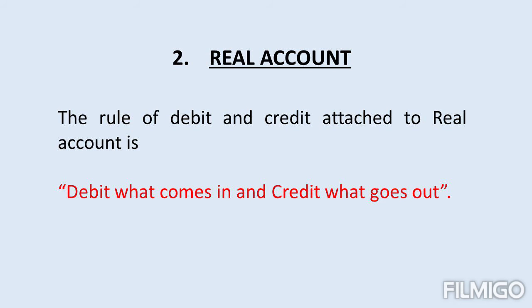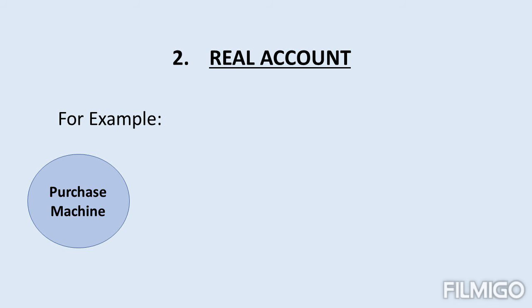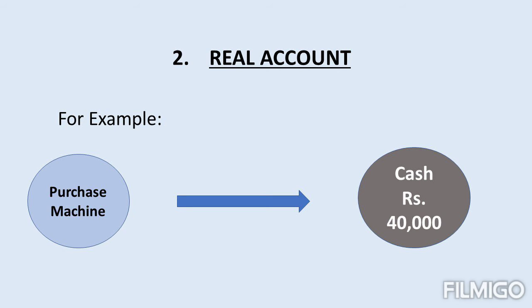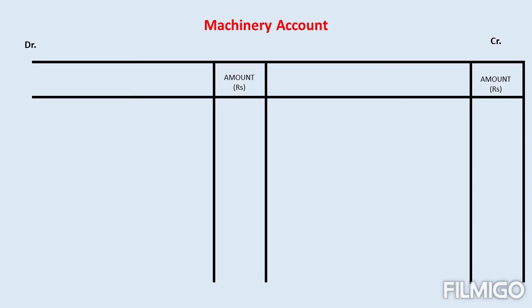For example, if a firm purchases a machine for cash 40,000, we understand that machine is coming in and cash is going out. Therefore, in the machinery account, rupees 40,000 will be debited as machine is coming in.